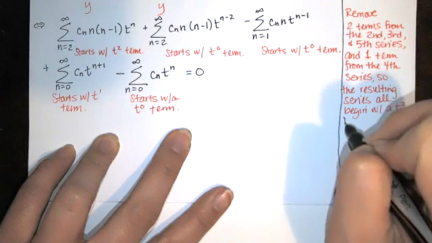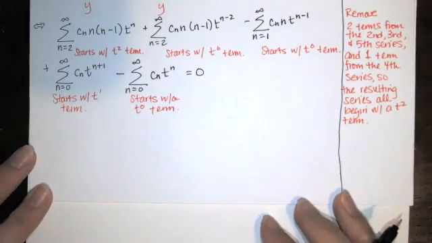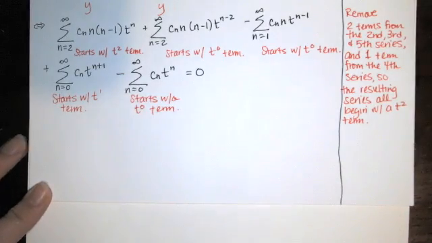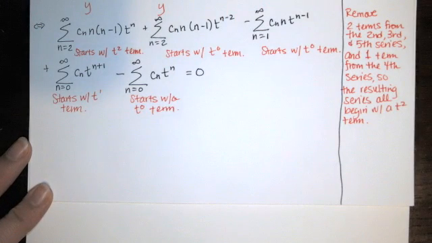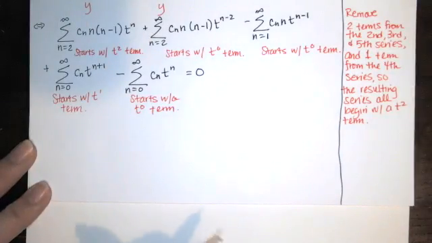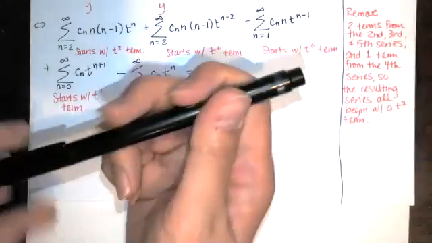And again, the reason why we do that is because we want to collect like terms. We want to be able to add 3t squared from this one to 5t squared from that one, just for example. But in order to do that, we have to have them all starting at the same place. So this one already starts with a t squared, so I will leave it alone.